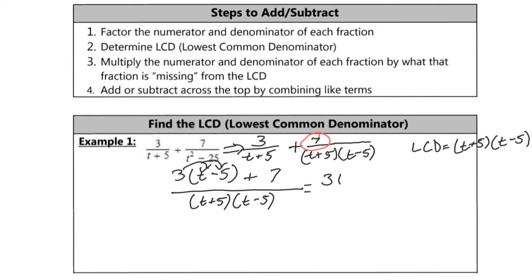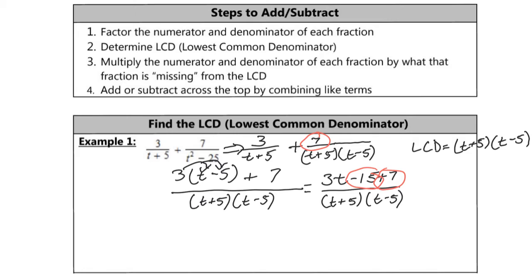So we get 3t minus 15 plus 7 over t plus 5 times t minus 5. And then we just have to combine our constants, negative 15 and 7.